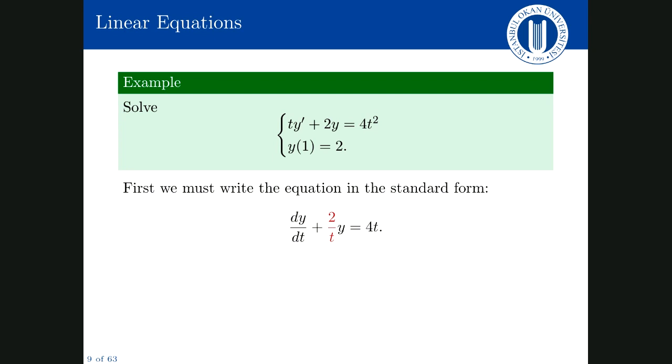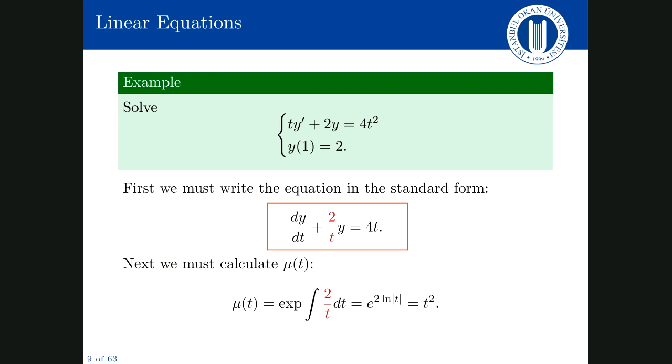Here, p(t) is now 2 divided by t. So our integrating factor is the exponential of the integral of 2 over t dt. And when we calculate this, we get t squared. I want to take the equation in the standard form, and I want to multiply it by t squared.